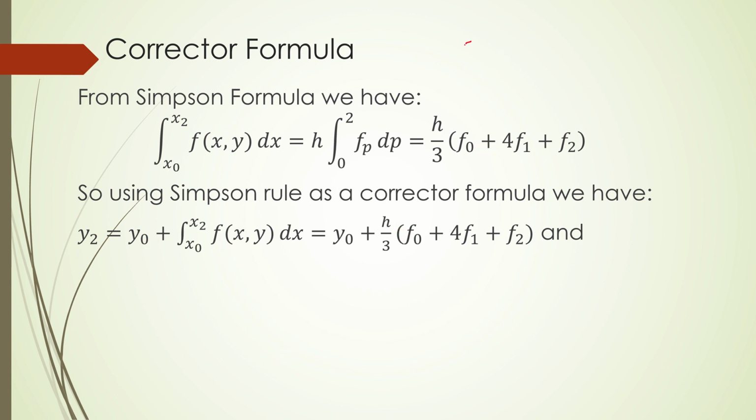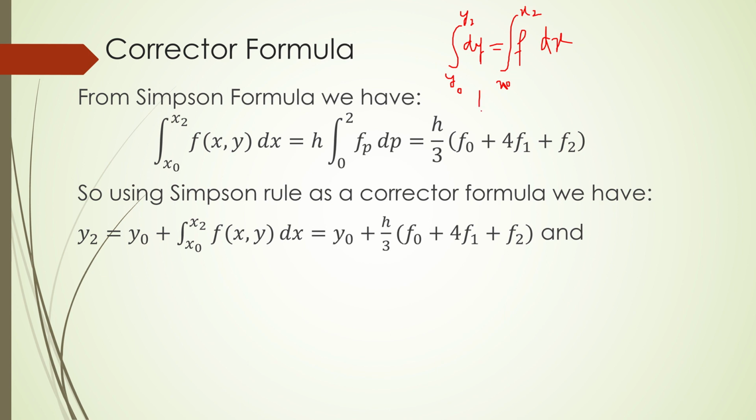In this case, we have dy equal to f dx, and we integrate this from y naught to y2, and the same thing on the right side, we integrate from x naught to x2, and then we simplify.